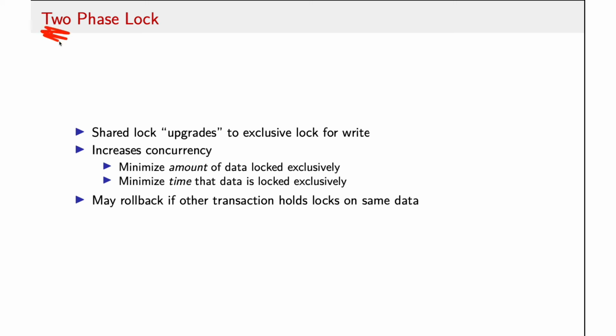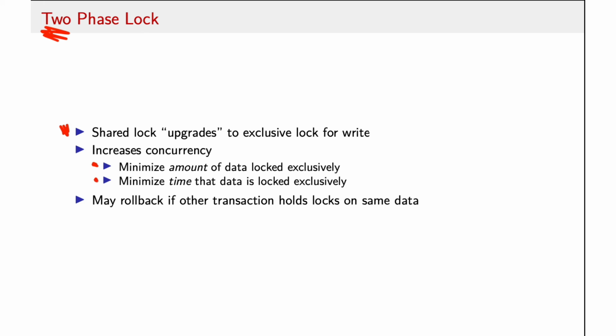Another approach to doing this that kind of mixes these two a little bit is what's called a two-phase lock. The idea is that we're going to have shared locks that can be upgraded to exclusive locks if there needs to be some sort of a write done on a particular table. So this tends to increase concurrency, as does just the use of shared locks in general, and it kind of minimizes the amount of data that needs to be locked, and it also minimizes the amount of time that the data is locked.